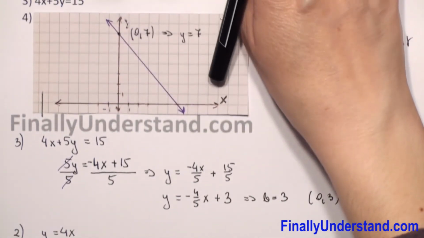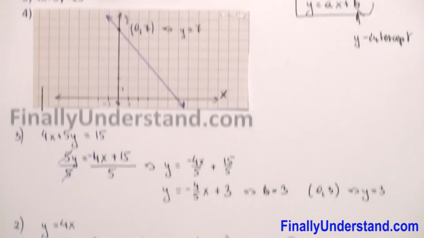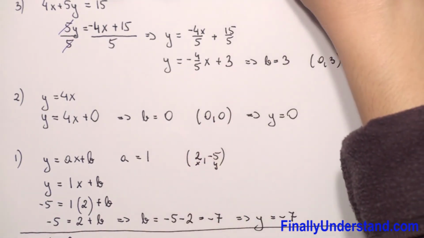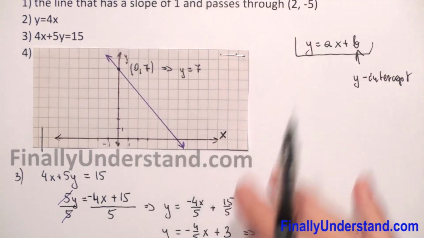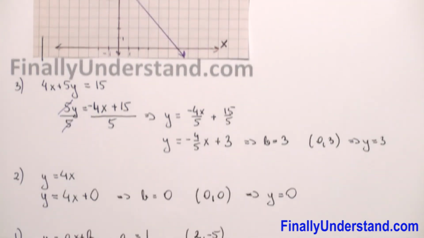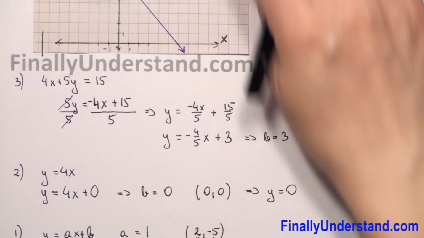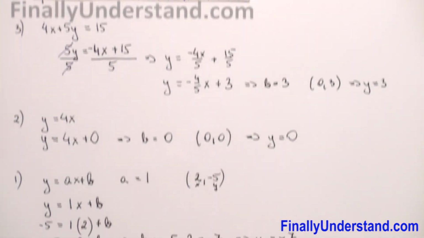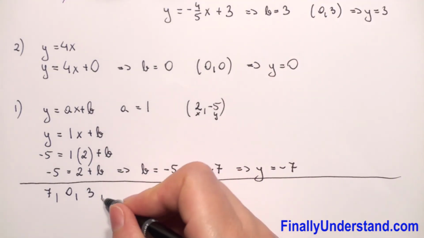From the second equation, we have that y is 0. From the third, we calculated that y is 3. And from the first, we got that y is negative 7.